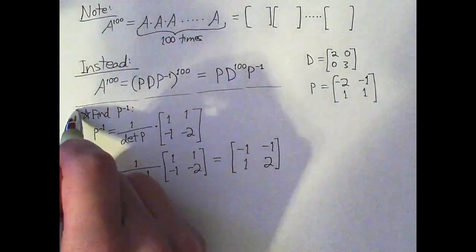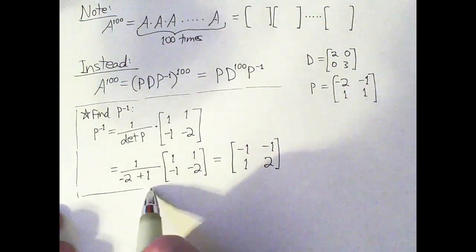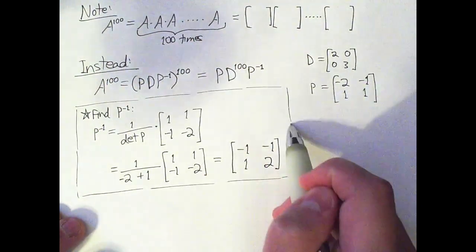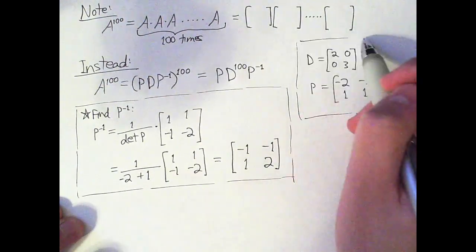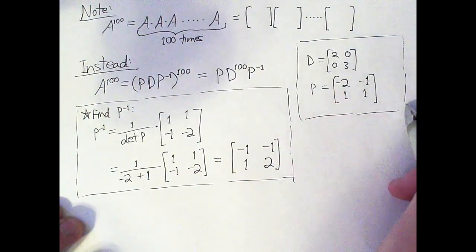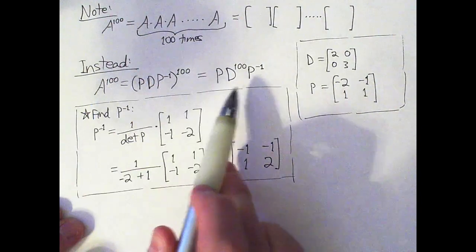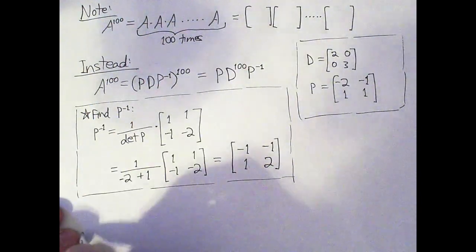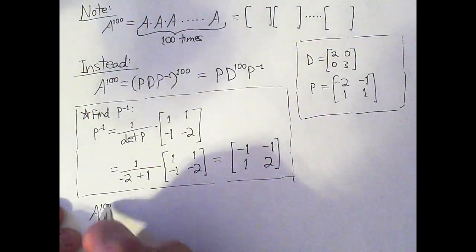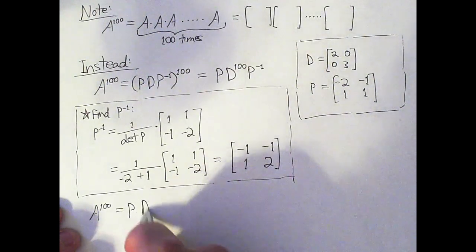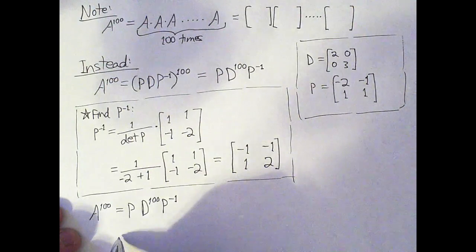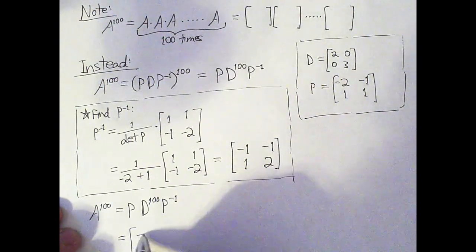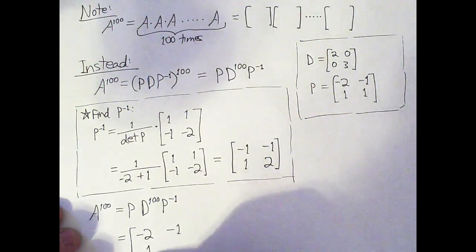Let me section this off, okay? This was some work we had to do to find P inverse. This is D and P, so we have all of the pieces of the puzzle. And now let's use this. So A to the 100 is P D to the 100 P inverse, and that is going to look like -2, -1, 1, 1.